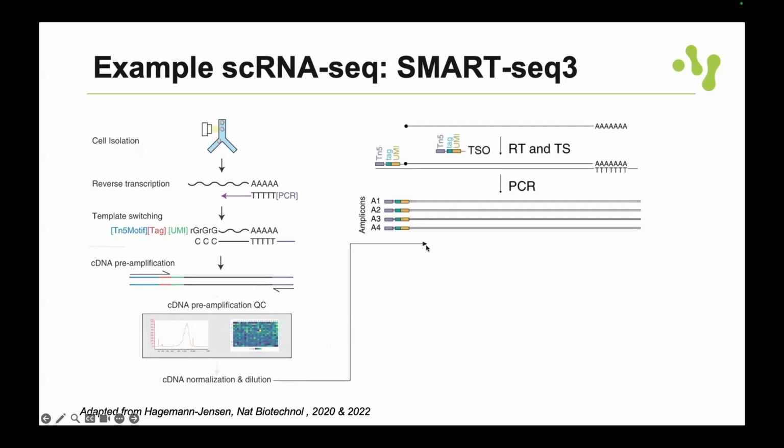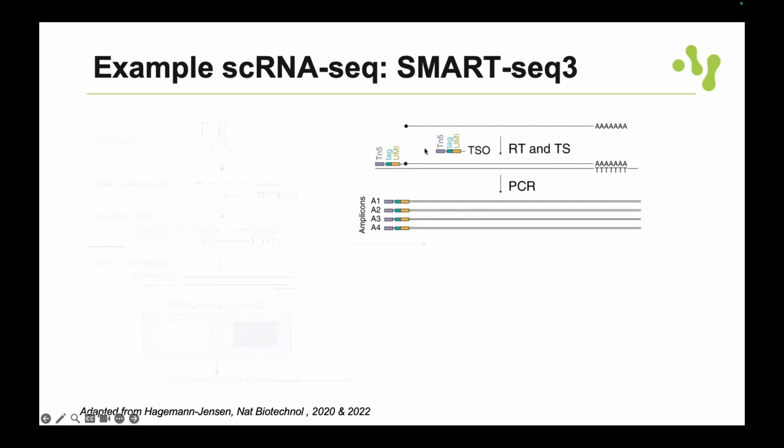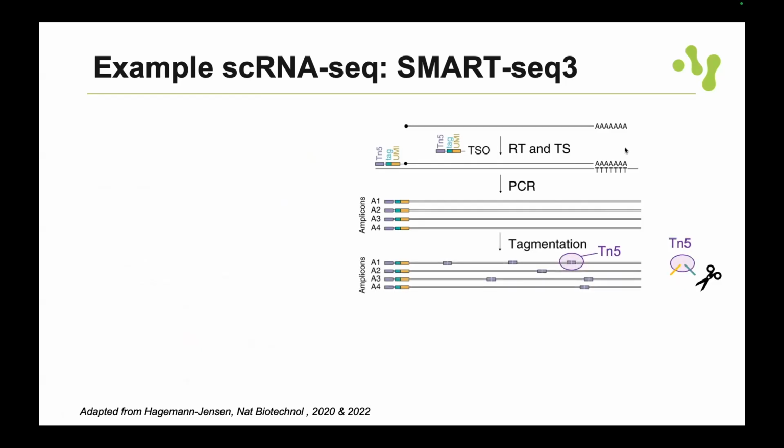When we're happy with the QC, we went on, and here is how the library looks at the cDNA. So you actually get several amplicons from the same cDNA molecule, or from the same mRNA in the cDNA. Then we have this favorite enzyme, Tn5, that cuts and adds these labels. It cuts more or less randomly, it actually has a slight preference.